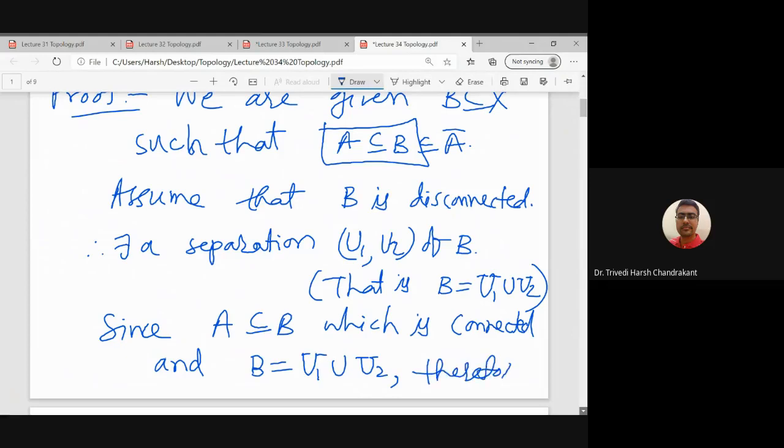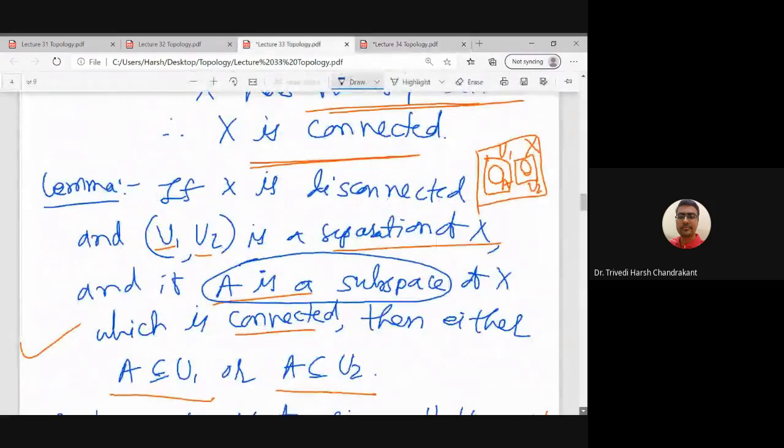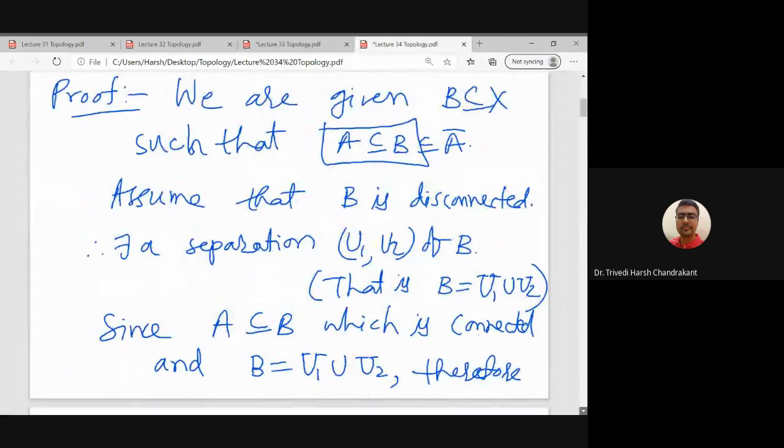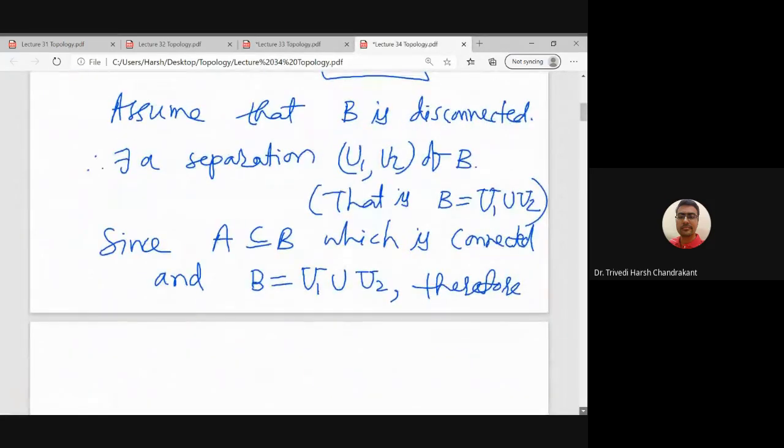Therefore, using the lemma which we proved, we will get the following.